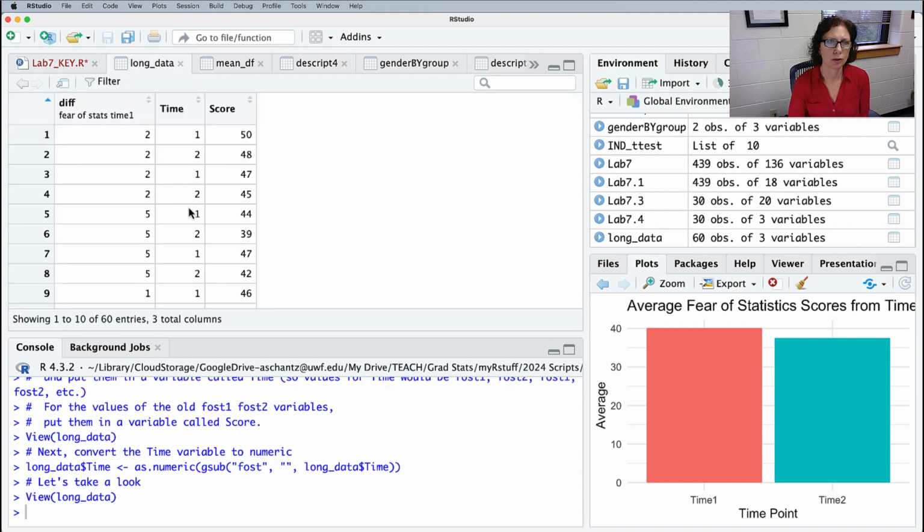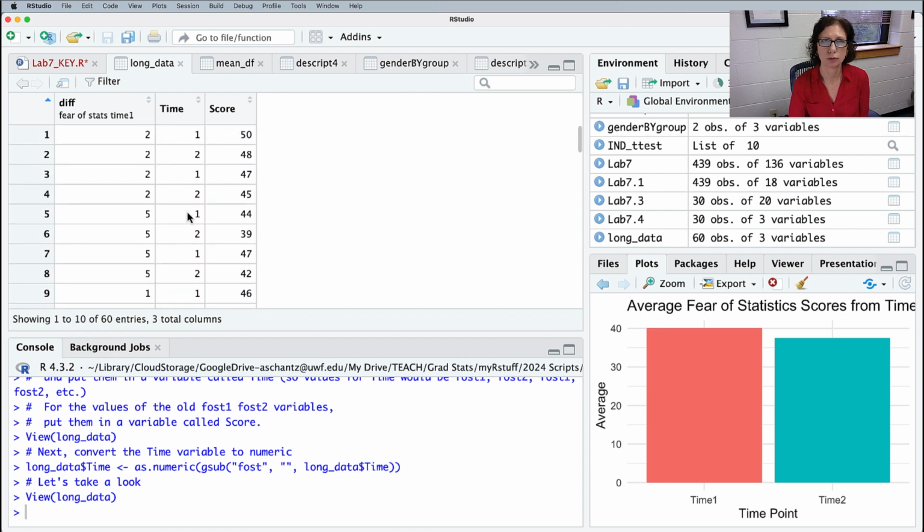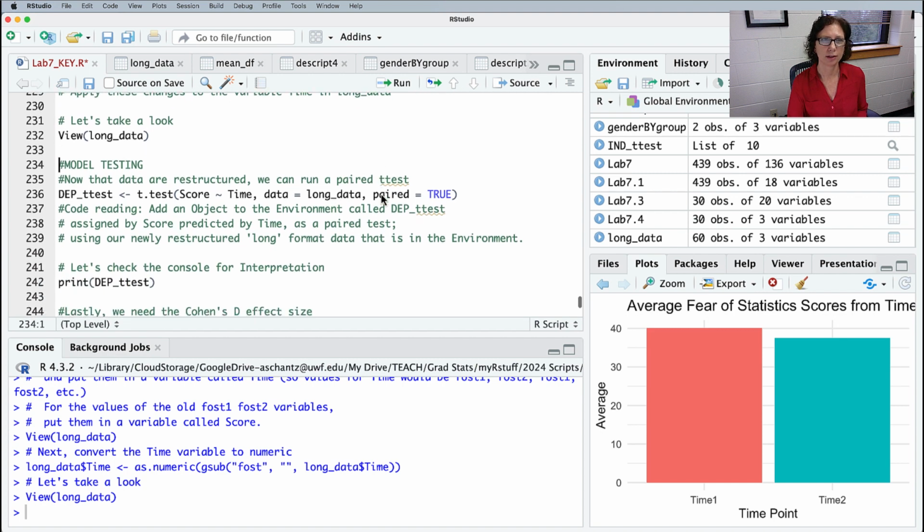So now we got 1, 2, 1, 2, 1, 2, 1, 2, instead of the FOST1, FOST2. That's the tasks we needed to do to get this data ready for a paired samples t-test. We're finally ready for that test.